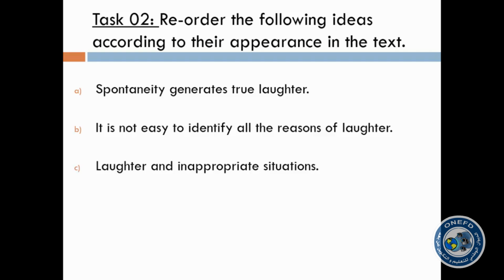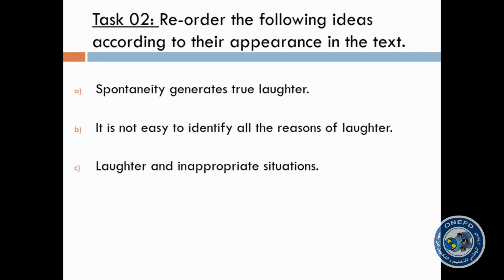B. It is not easy to identify all the reasons of laughter. C. Laughter and inappropriate situations. So, I repeat, you are required to order these ideas according to their appearance in the text, and also we can test your level of understanding through this type of task. So, feel free to pause the video, go back to the text and try to answer the task.